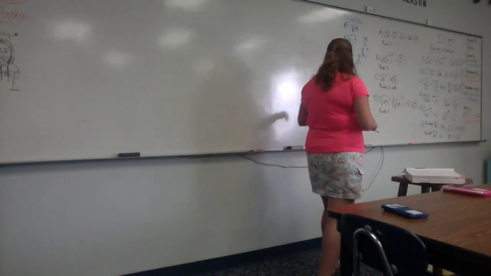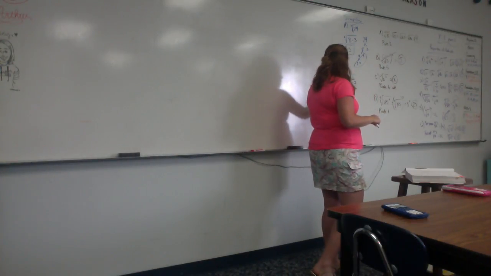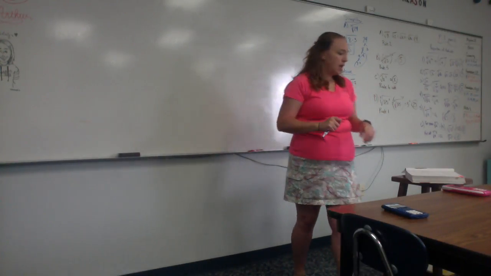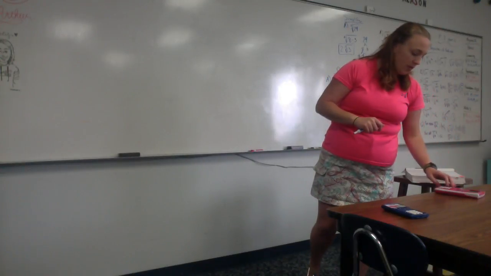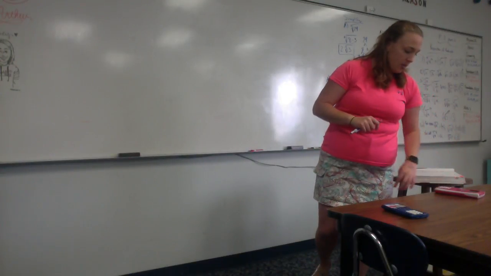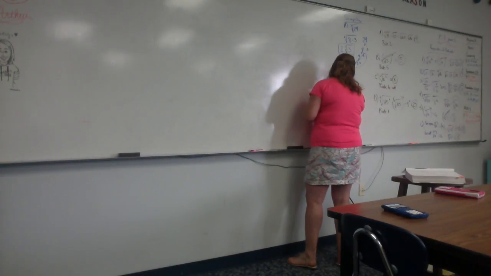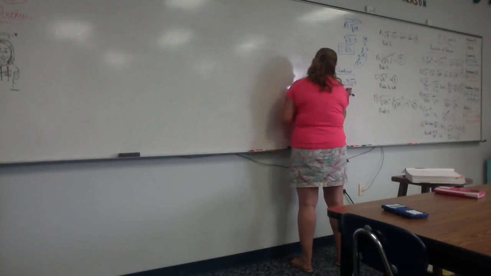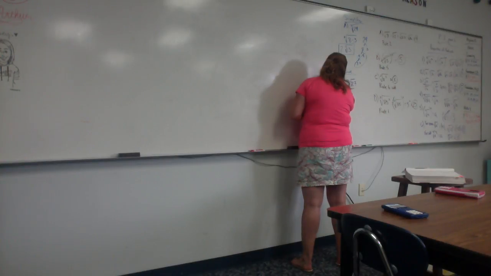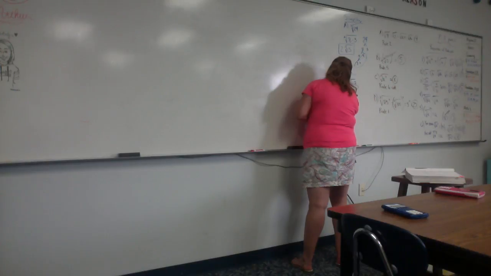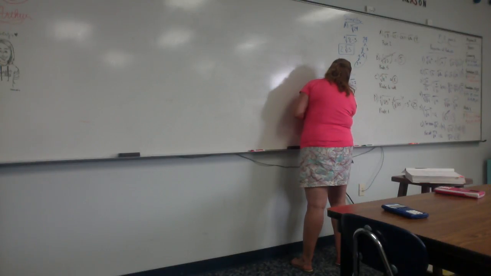Okay? What can go into 48? 8. What do you get when you divide 48 by 8? You get 6, right? So if I take 48 and divide it by 8, I get 6. Let's keep reducing these. 8 reduces down to what? 2 and 4. 6 reduces down to 3, and 4 reduces to 2 and 2.